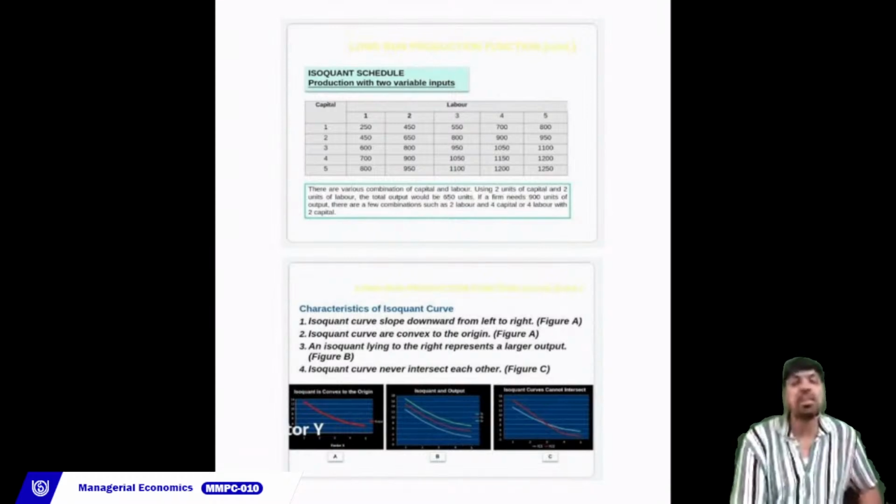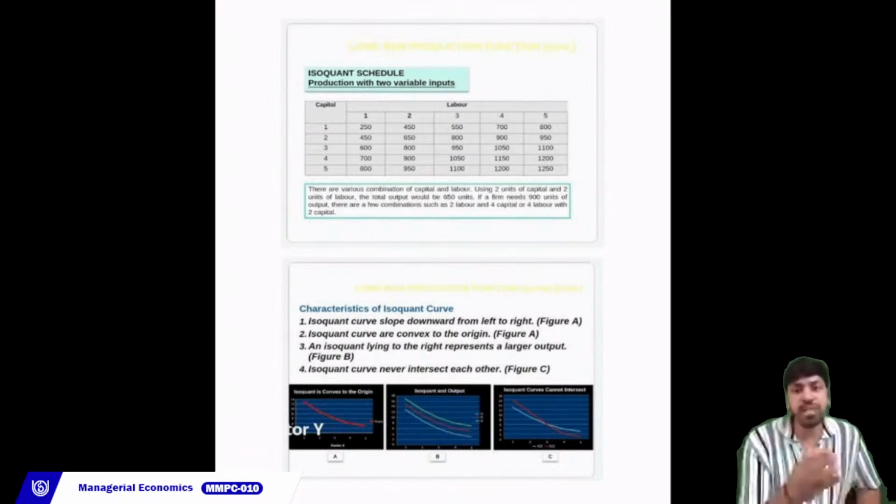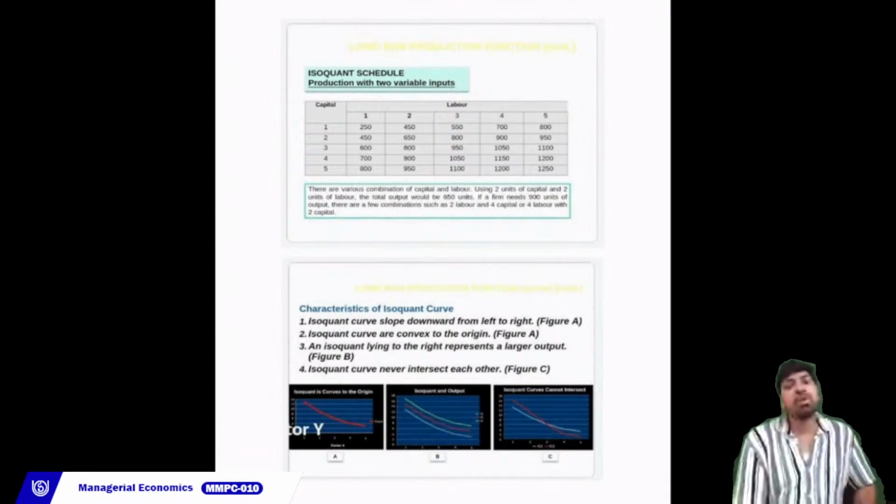So there are various combinations of capital and labor. Using two units of capital or two units of labor, the total output would be 850 units. If you check, any of the combinations of labor and capital that yield the same level of output, it would be 1200, 950, or 800.